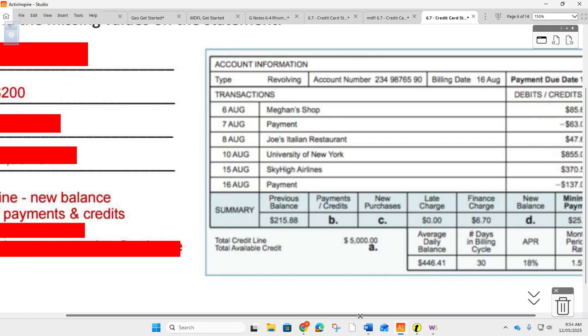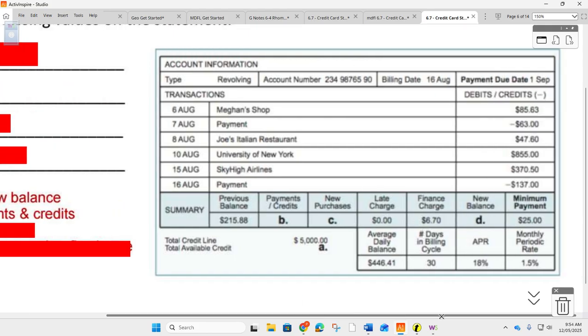C, new purchases. How are we going to find the new purchases? Brooke, can you see them on the statement? Anything that has a shop name or store name or something and then an amount without a negative, that's going to be our purchases, okay? So Megan's Shop, 85 and some change. Joe's Italian, 47.60.